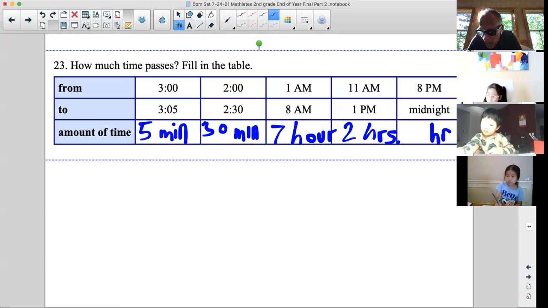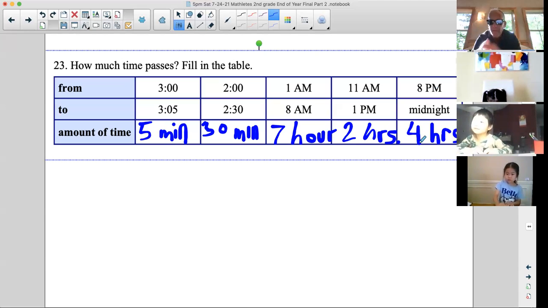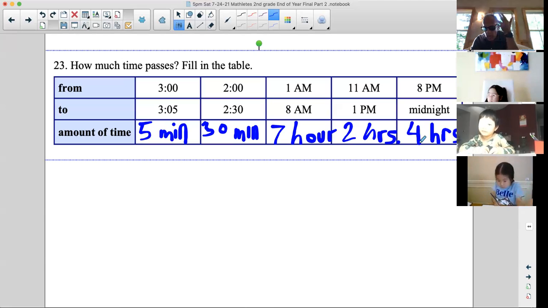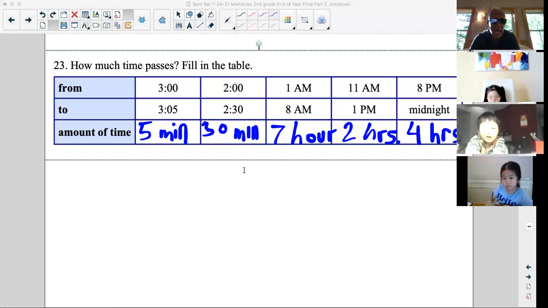On 3. 1, 2, 3, go. 4 hours. Yes, everybody go. 9, 10, 11, 12 is 4 hours. 8 p.m. to midnight, which is really 12 a.m.